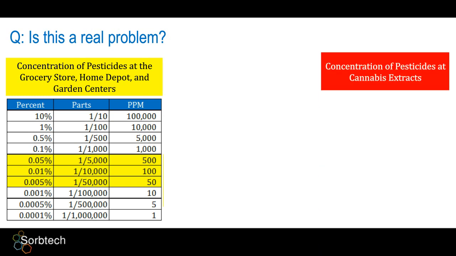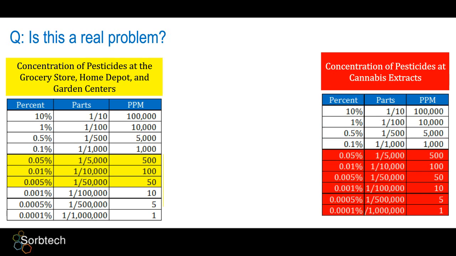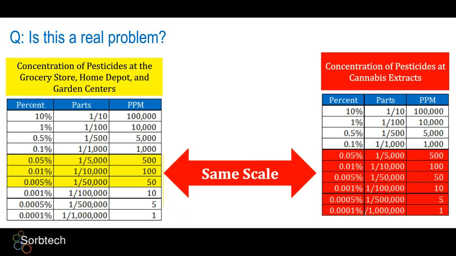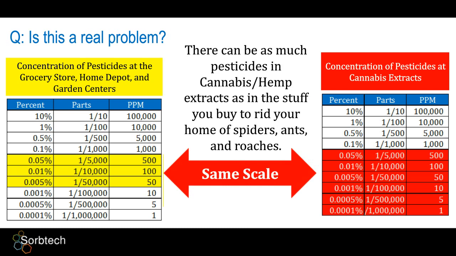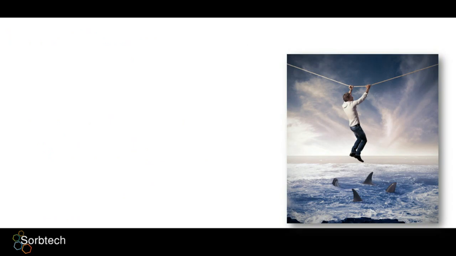Now, using the same scale for the same table, let's look at the concentration of pesticides in cannabis extracts, and you'll see that even though they have the same scale, these other things overlap. So there can be as much pesticide in cannabis and hemp extracts as the stuff that you buy to get rid of spiders, ants, and roaches in your home. Now, I don't think that it's a good idea to sniff Raid, although you can do it if you want to. So the question, is this a real problem?